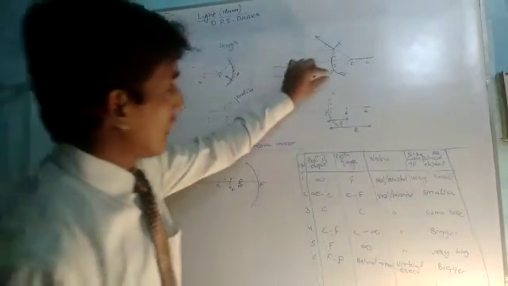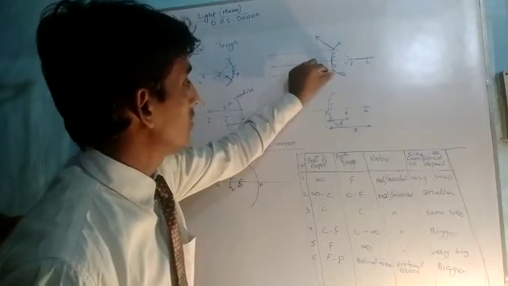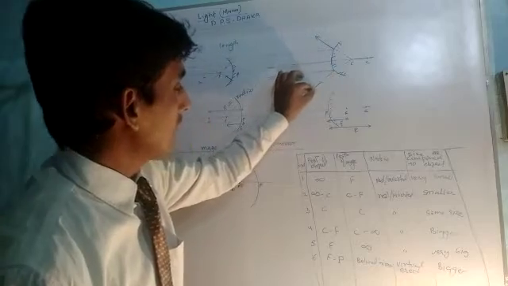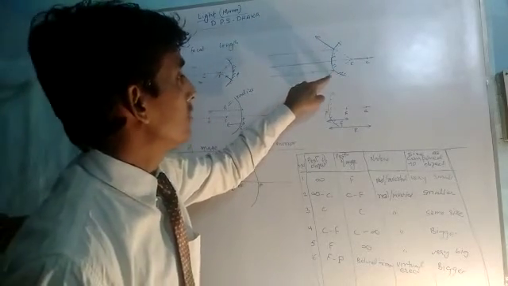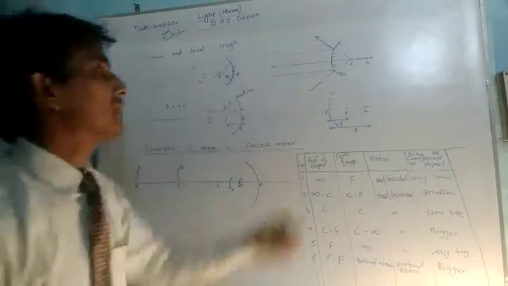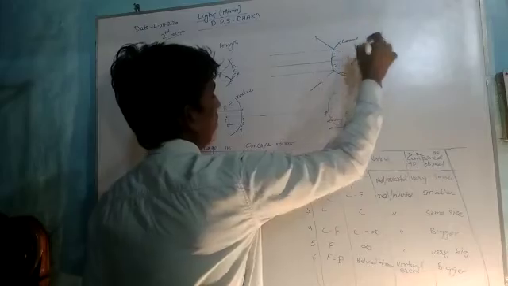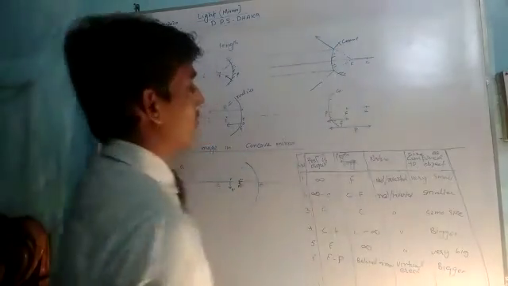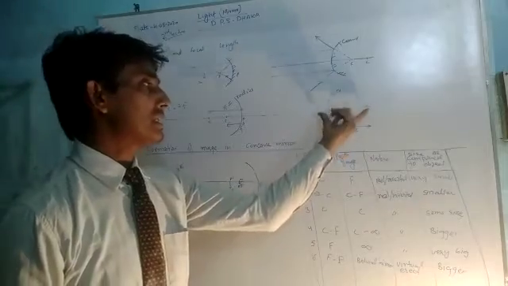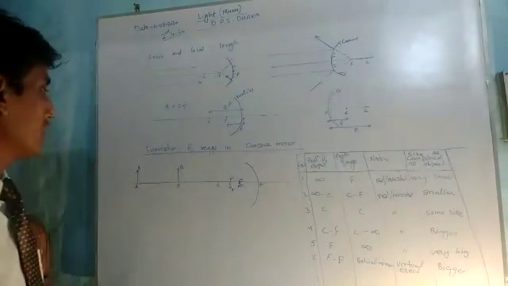Actually this ray is not meeting at this point, but is reflecting back in a direction such that if you extend it back it will appear to meet at that point, and that point is called focus for the convex mirror. The distance between focus and pole is called focal length, and the distance between pole and center of curvature is called radius of curvature.